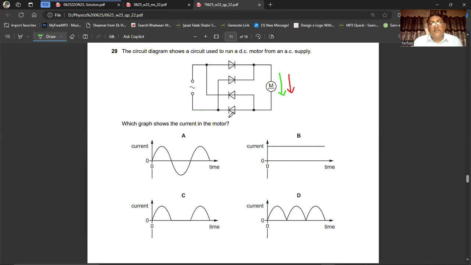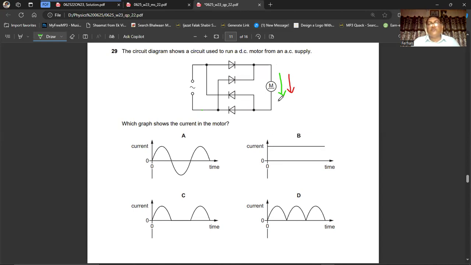So whether the current flows in this direction or that direction, because the supply is alternating, the current flowing through the motor is always in this direction.